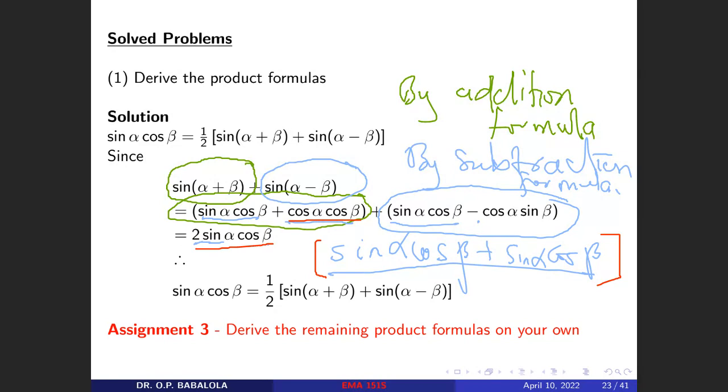I want you all to get the same thing, because this was wrong and nobody pointed it out. That means you guys have not been following. Just solve sine alpha plus beta plus sine alpha minus beta. See if your answer will be 2 sine alpha cos beta. I'm giving you 3 minutes to do that.